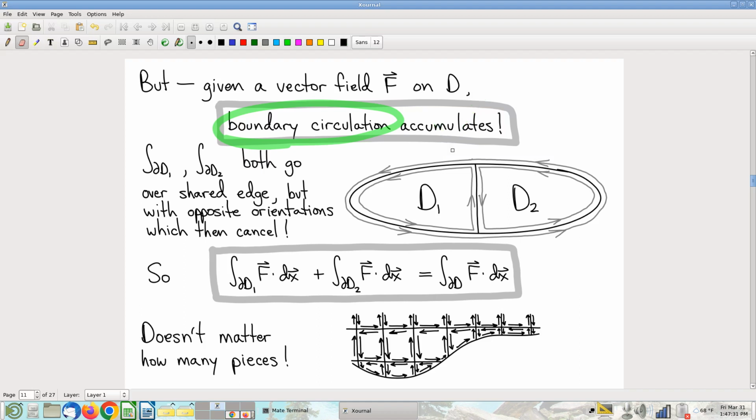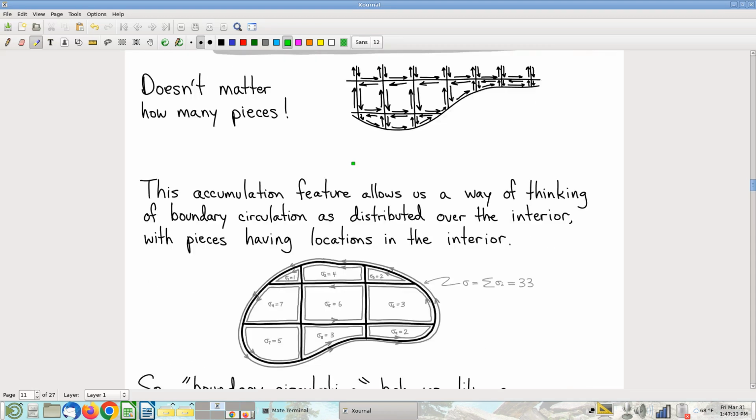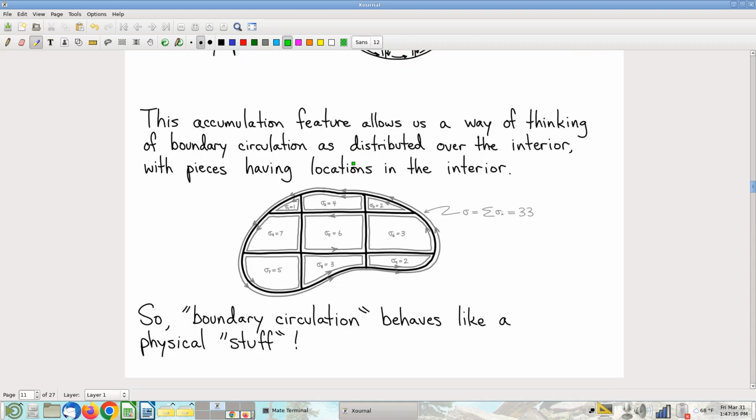Okay. All right. And then we made some discussions about how, in fact, any accumulating quantity you can think of as being distributed over the interior, whether it is physically or otherwise, right? And I'm going to have some more things to say about that later. When we get to that today, we might or might not get to the further discussion of that.